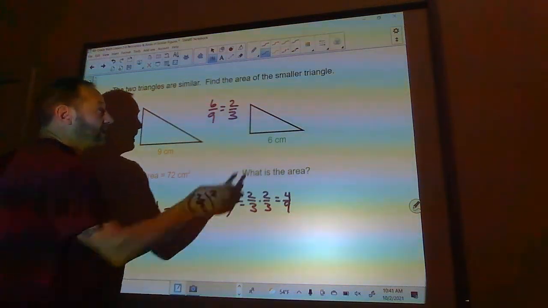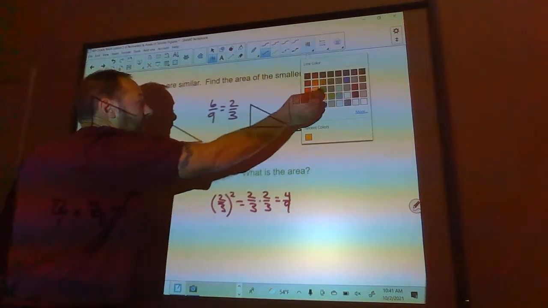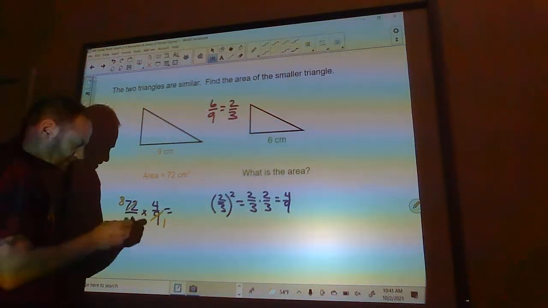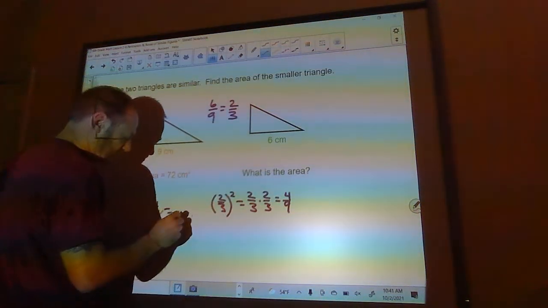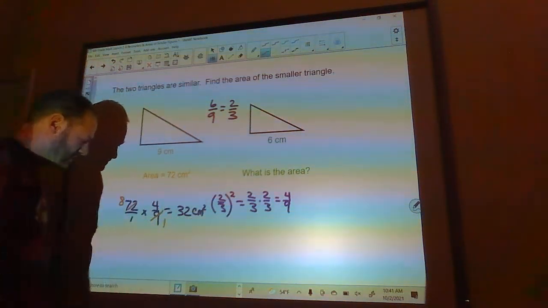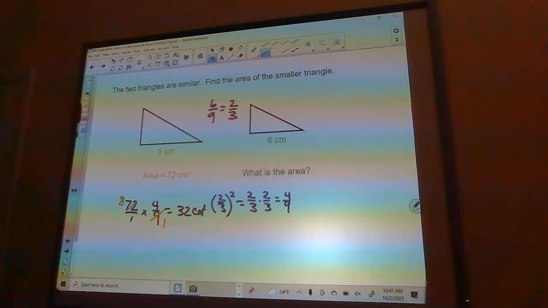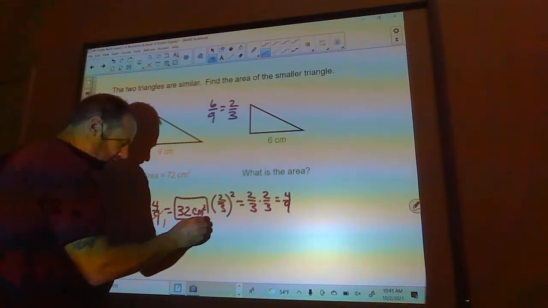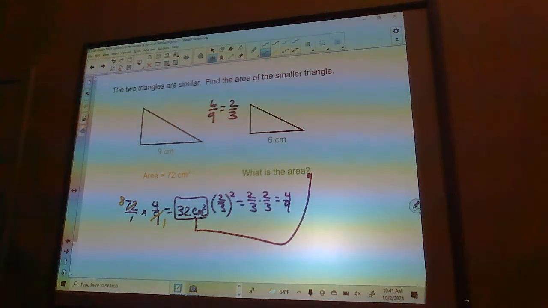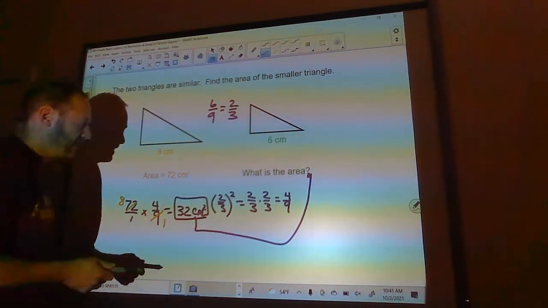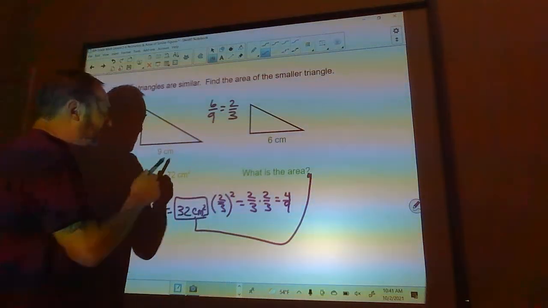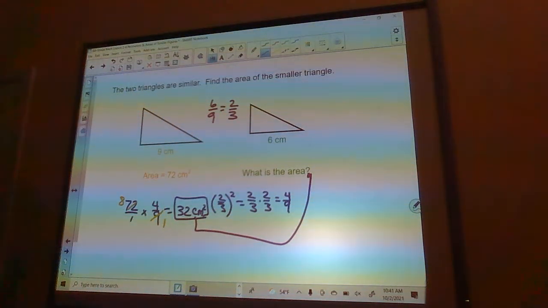I can cancel that with this, make that 8, and 8 times 4 is 32 square centimeters. So there's my area of this triangle here, and I didn't have enough information to figure it out on its own, but I could figure it out from this one.